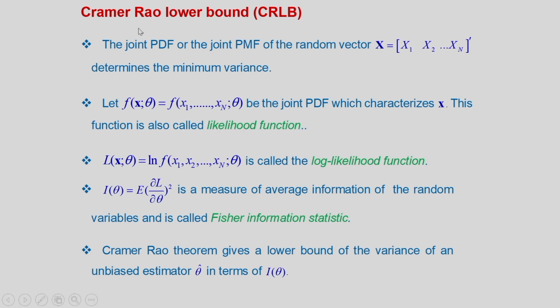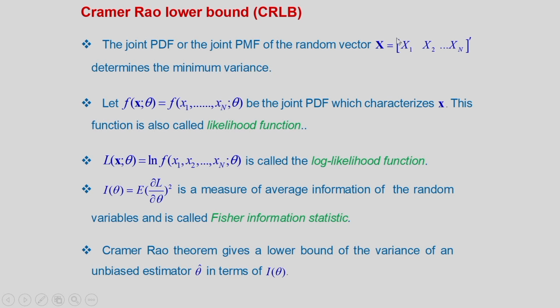Now, we will discuss Cramer-Rao lower bound, CRLB. The joint PDF or joint PMF of the random vector x, that is x1, x2 up to xn transpose, determines the minimum variance. This joint PDF will only determine the minimum variance of theta hat.